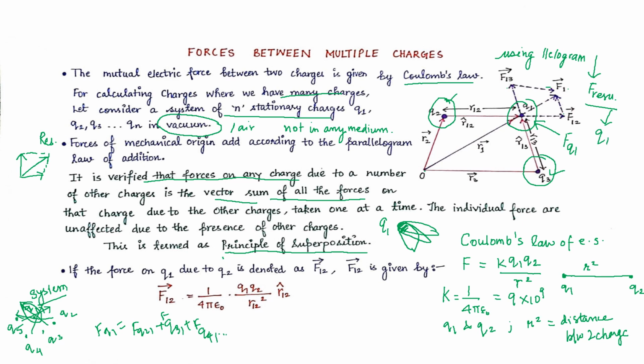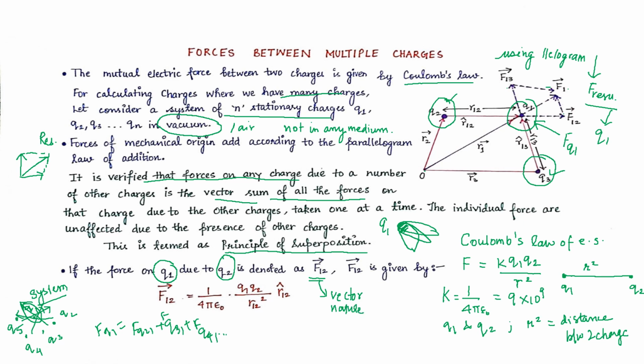If the force on Q1 due to Q2 is denoted by F12 with an arrow above it, what is the arrow here? This arrow shows the vector nature of the force. So here we are dealing with vector quantities.